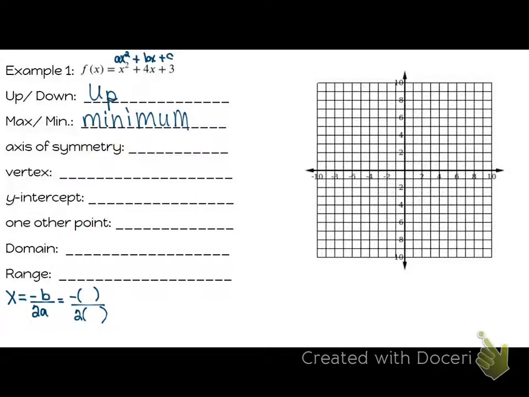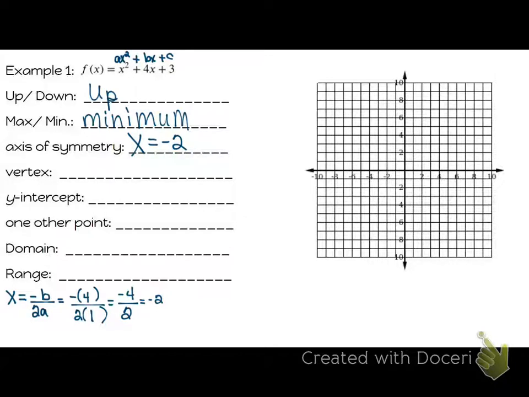So I'm going to substitute 4 for b, and for my a, I'm going to substitute 1. And then from here, I just simplify, which is pretty much solve. So negative times 4 is negative 4. And then 2 times 1 equals 2. And then negative 4 divided by 2 equals negative 2. So my axis of symmetry is x equals negative 2.